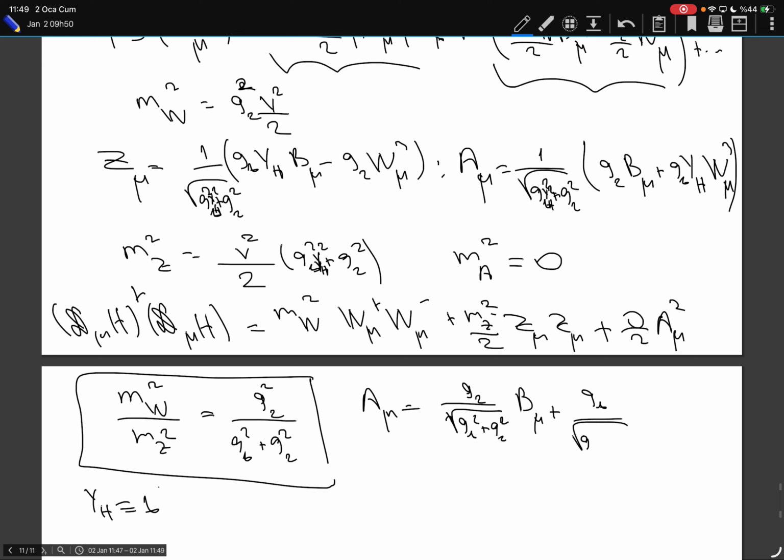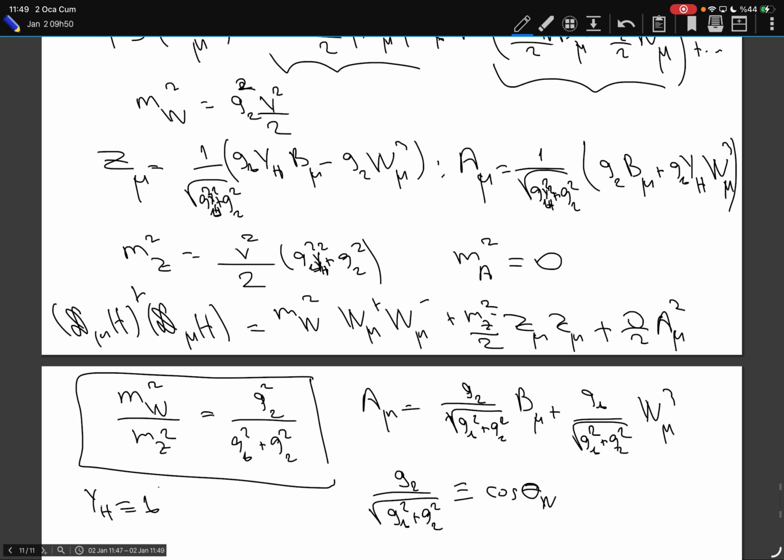With that definition, you see here I have two numbers, mixing B mu and omega mu, whose squares add up to 1. So you can just define them as the cosine and sine of an angle. So G2 over square root of G1 squared plus G2 squared is defined as cosine of theta Weinberg.